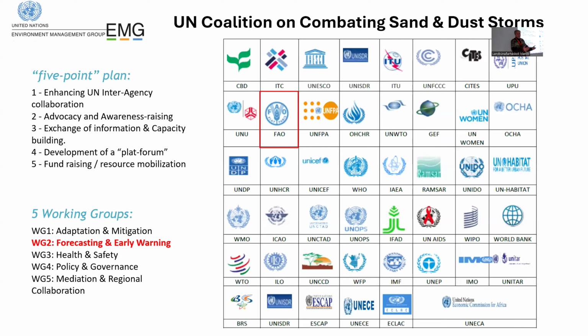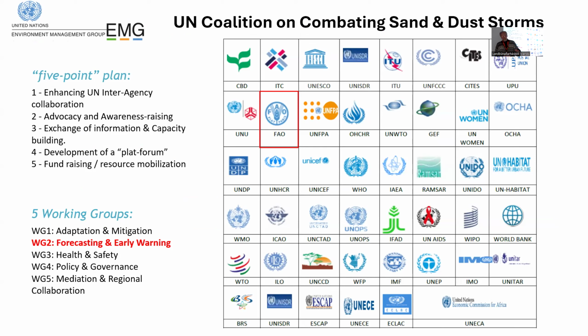And finally, it was a step for the next development: organization of the United Nations Coalition for Combating Sand and Dust Storms. And again, for the coalition, there are no requirements by nodes, etc., and any organization is able to join.